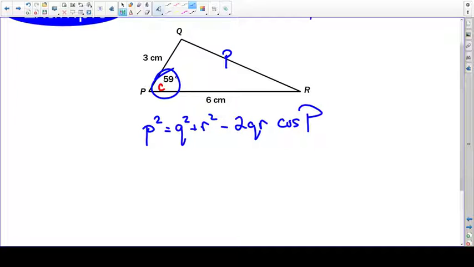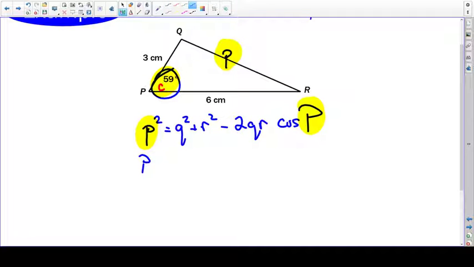So once more, just so we're clear, what's on the far left and the far right of the equation in this question is the side that we're looking for and the angle that we know. And then all we have to do is substitute in what we know.